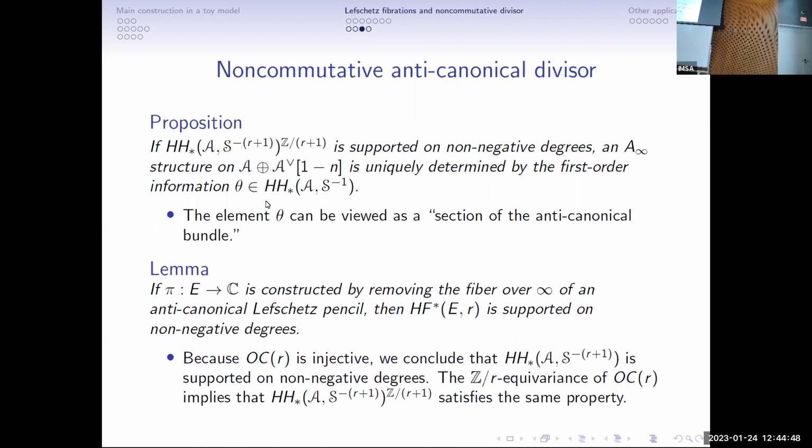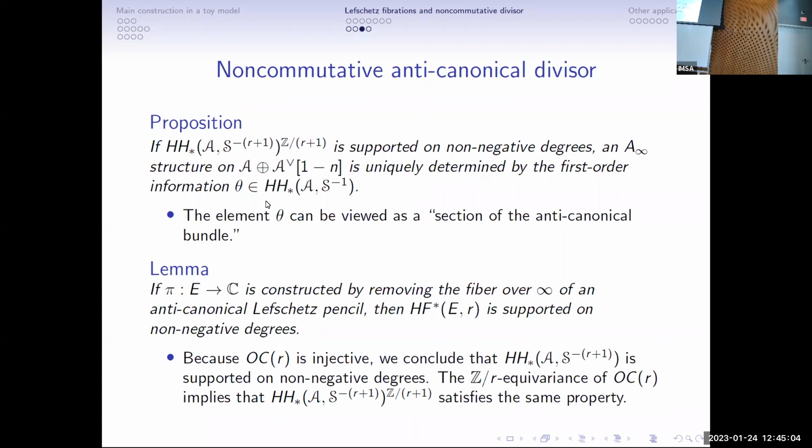And we know that this open-closed map is injective. We know that the Hochschild homology of such a guy is also supported on non-negative degrees. I also said that this open-closed map is actually Z mod R invariant.